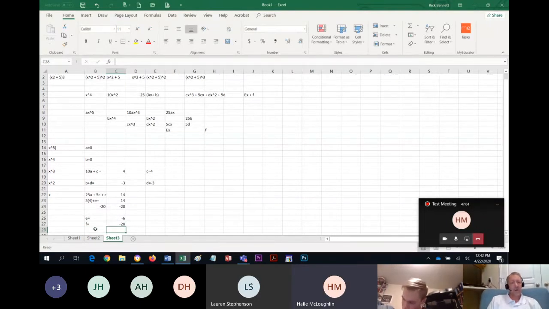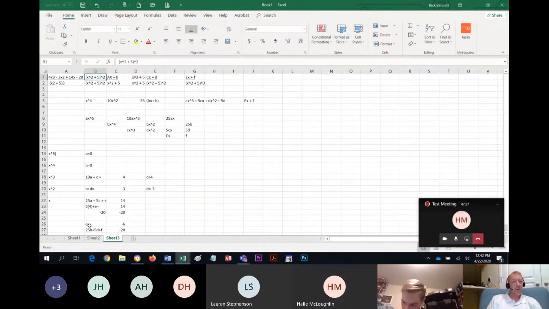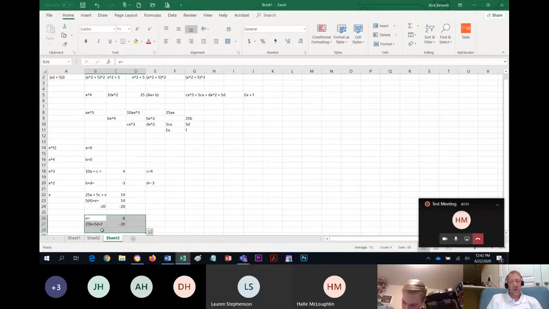Oh, is that right? No, that's not right. I didn't realize that should be in this column. So I got 25b plus, here, I'll keep it close, plus 5d plus f equals -20, right? I'm off the page. So that equals -20. Here, let's move this over so we can see it.